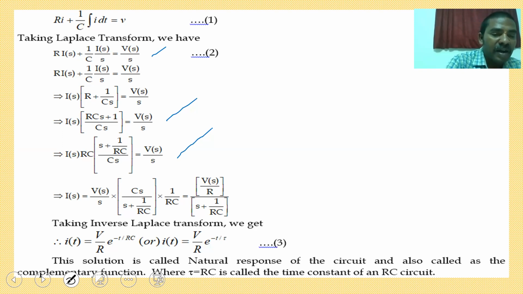Here C gets cancelled, S gets cancelled, so you get V by R divided by S plus 1 by RC.